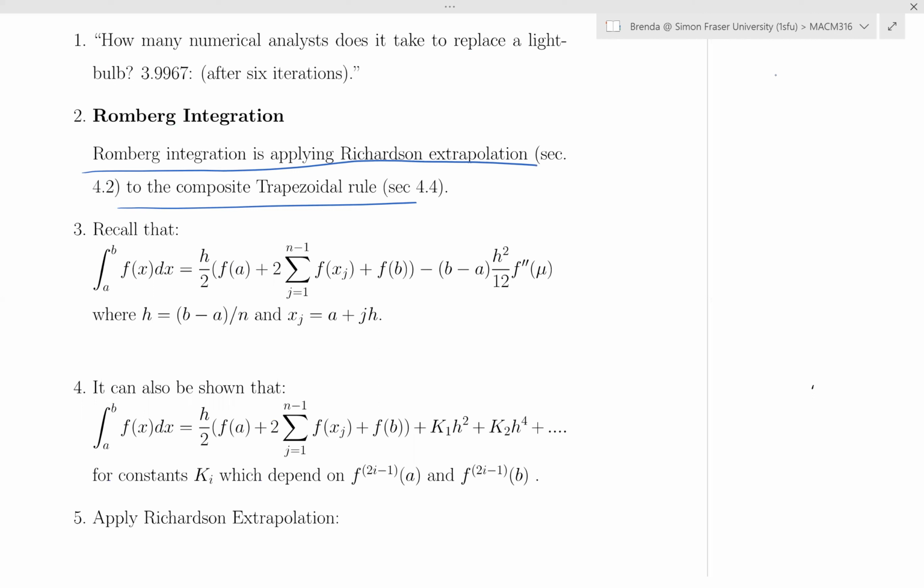Method two is going to be mathematical. Here is what the trapezoidal rule looks like.